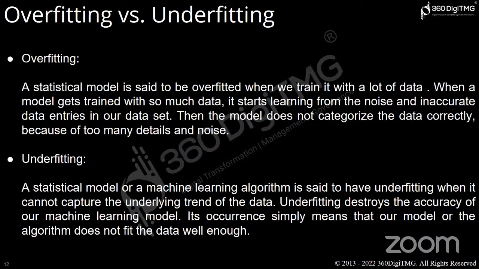So in this scenario, we can say that having too large of a data set is also a big issue. Underfitting happens when it is not able to capture the trend of the data. It is not even able to understand the data properly enough, and it is not able to tell what is going on in the data. So this is a situation of underfitting.